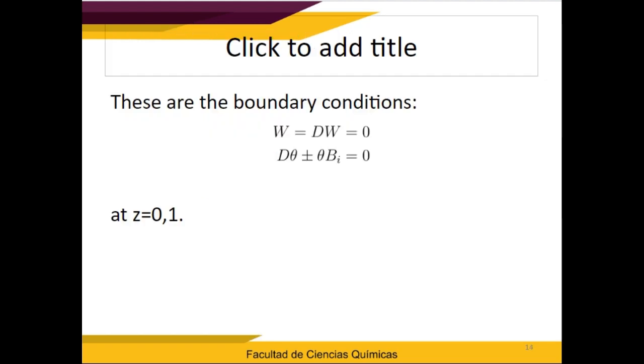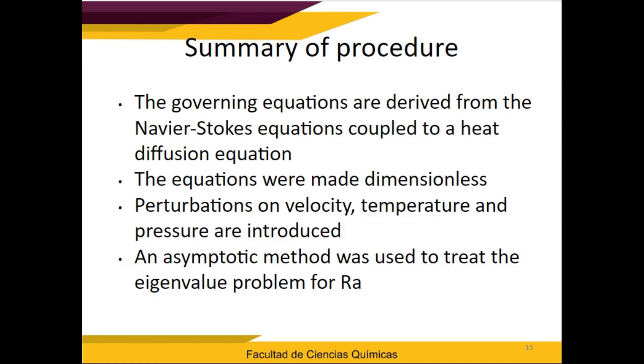Those governing equations are solved subject to these boundary conditions. Both walls are solid and the Biot number is kept small to account for the poor thermal conduction properties of the walls. Here is a summary of the procedure followed. If there are any questions, I'll be happy to give further details.